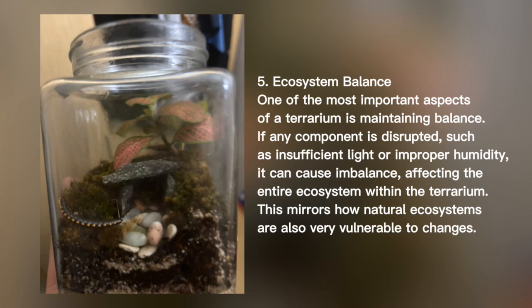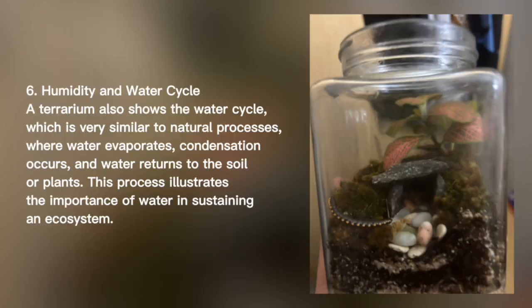Fifth, ecosystem balance. One of the most important aspects of a terrarium is maintaining balance. If any component is disrupted, such as insufficient light or improper humidity, it can cause imbalance, affecting the entire ecosystem within the terrarium. This mirrors how natural ecosystems are also very vulnerable to change.